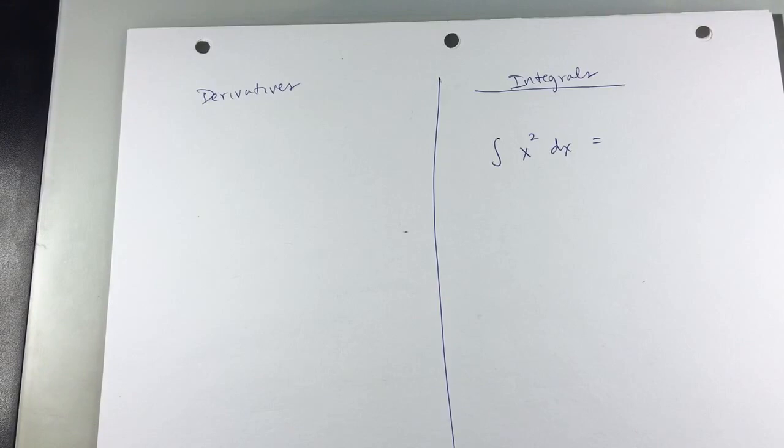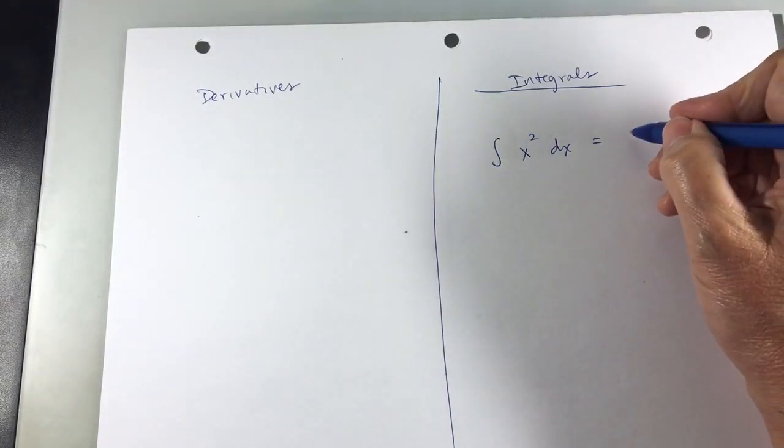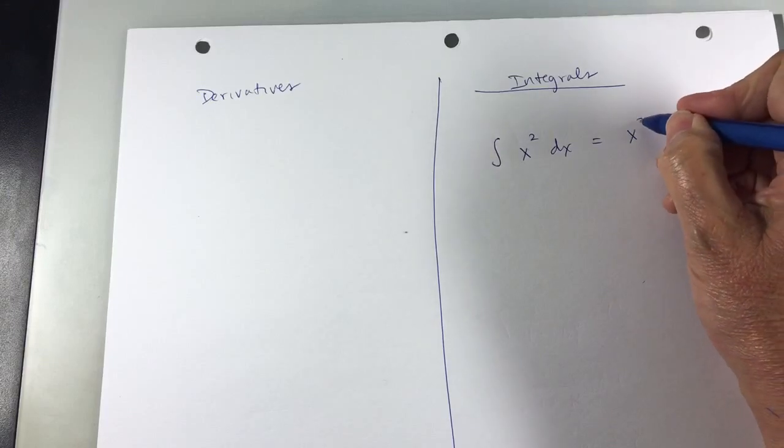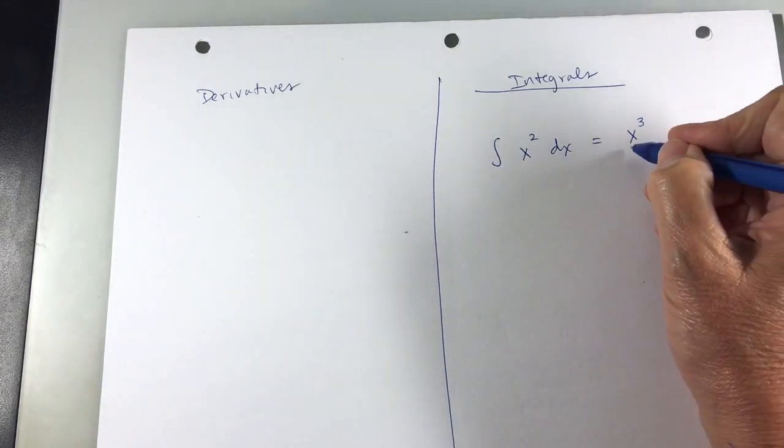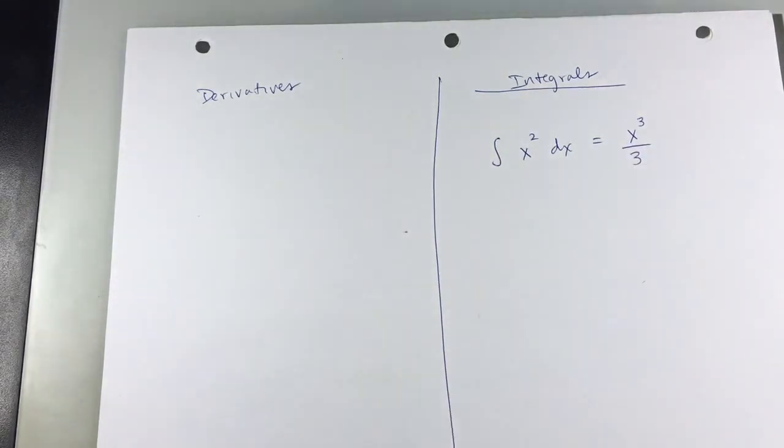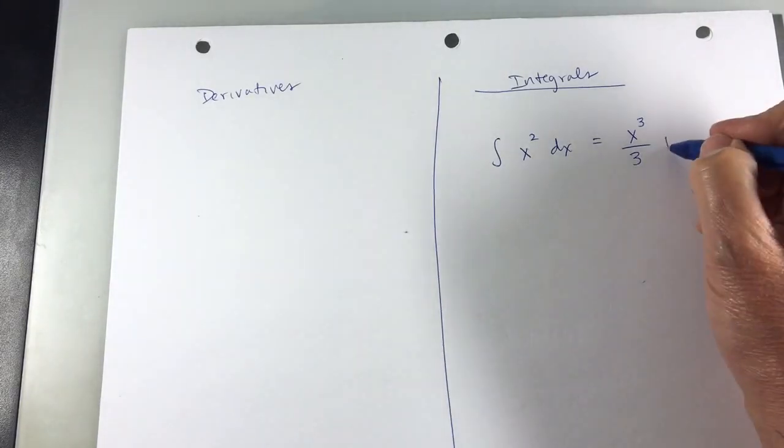So when I do integrals, I have to do the opposite. Add 1 to the exponent, and instead of multiply, you're dividing. And you're dividing by the higher exponent, after you add the 1.